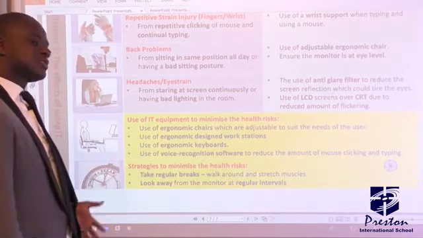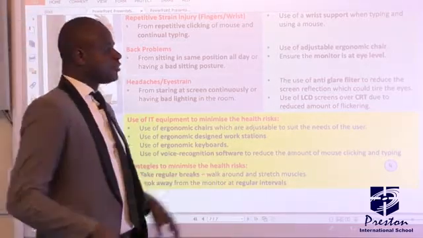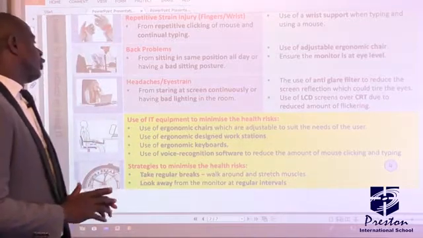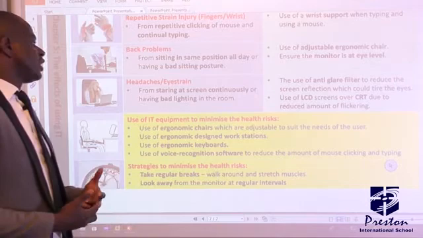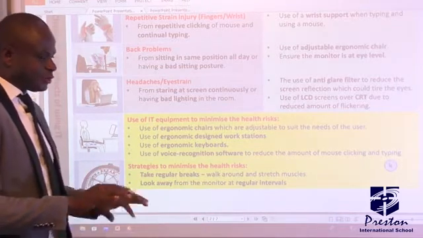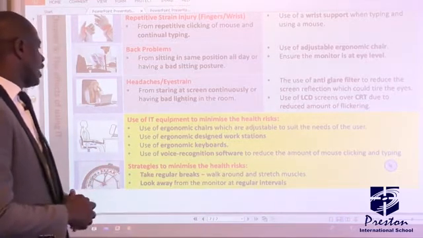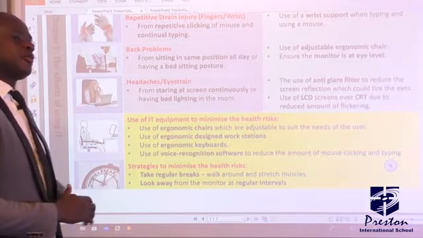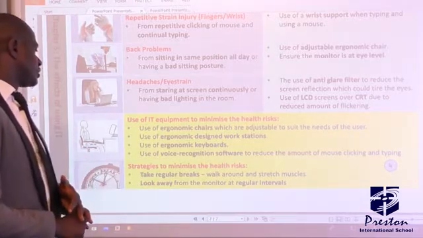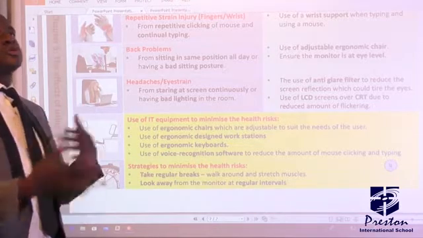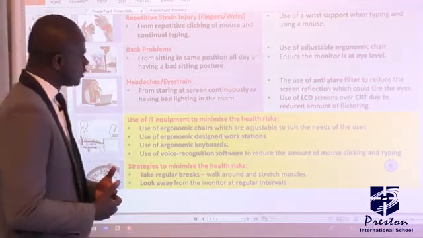Ergonomic design workstation, that means the whole office is designed for that kind of task. Use of voice recognition software to reduce the amount of clicking and typing that you have to do. And some of the strategies are to always take regular breaks and also to look away from the monitor at regular intervals.